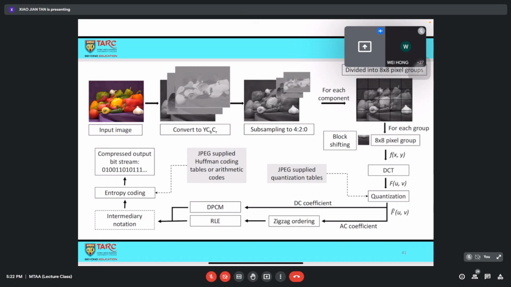Okay, so input image. First of all, convert to YCbCr. Why need to convert to YCbCr? Why not just simply process by using RGB? This is an interesting question, so you have to know. I think I have answered this question. The next step is subsampling.